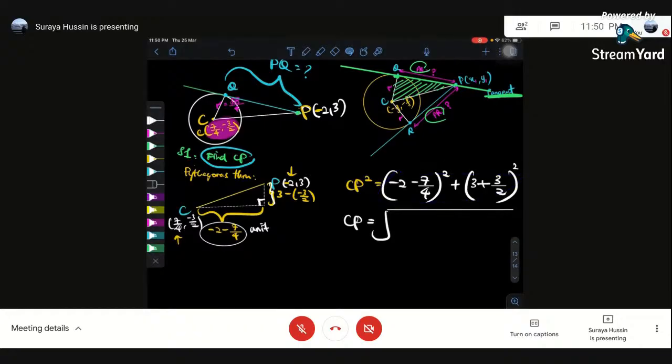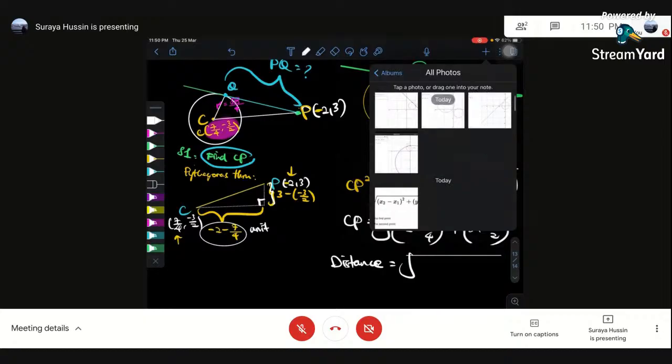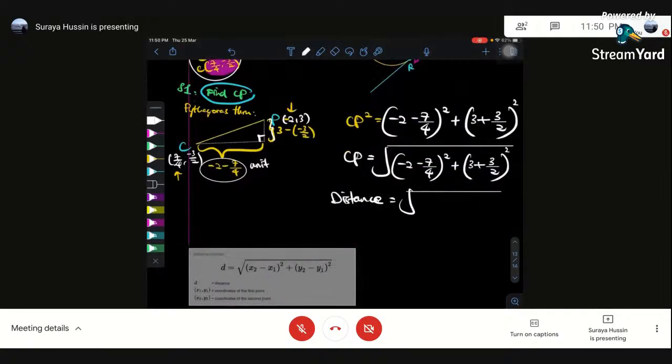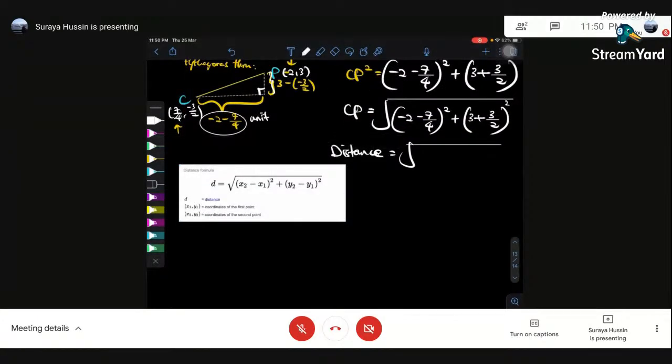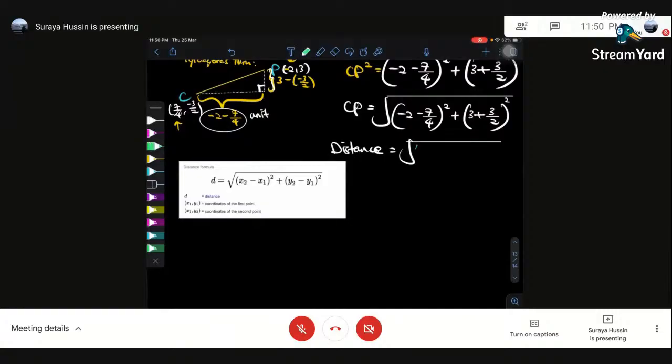Ni sekejap, duplicate. You nak terus solve pun boleh juga, tapi Miss sekarang ni nak menunjukkan sebenarnya CP ni adalah formula distance. Do you remember dalam physics, you ada belajar formula physics ni? Sekejap Miss tambahkan ada satu gambar ni, Miss cari dekat Google. So this is dekat Google saying that the distance is x2 minus x1 squared, tambah y2 minus y1 squared.